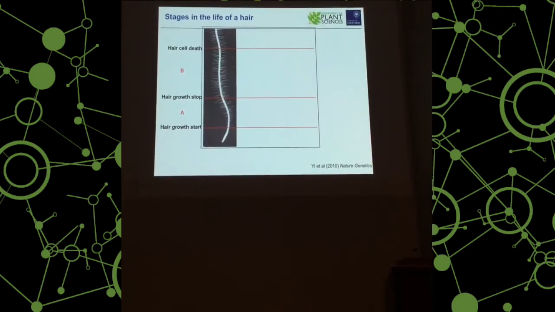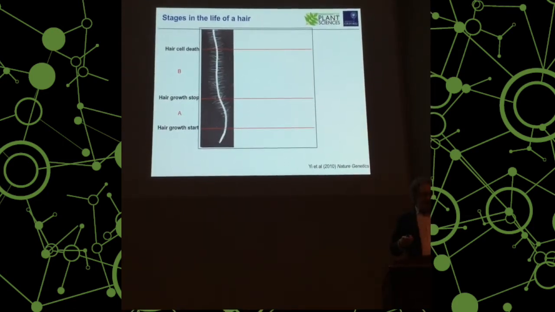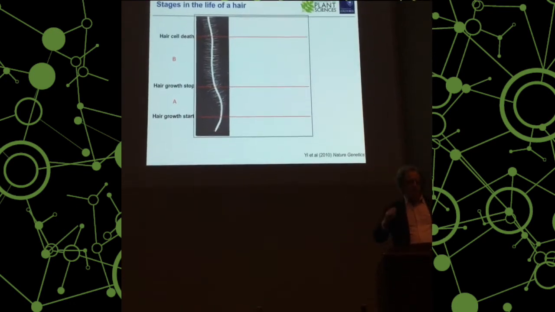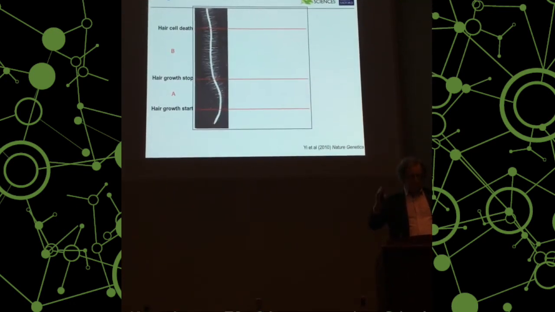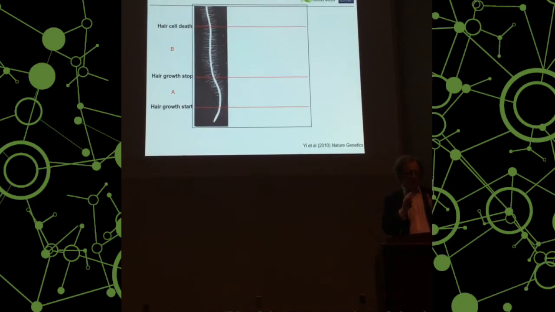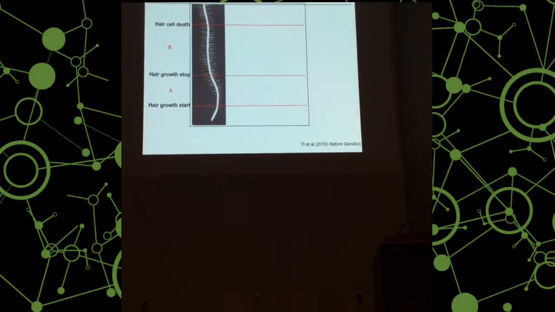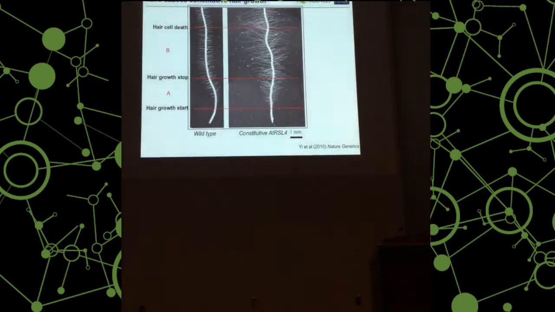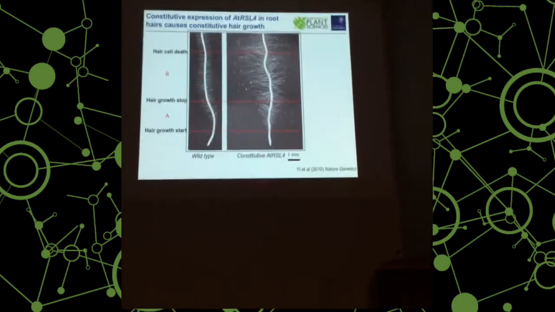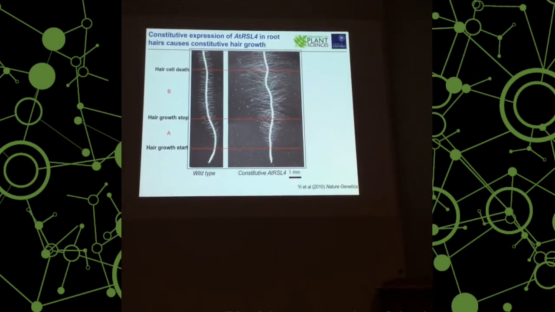Now, we figured that the RSL4 protein is required for root hair growth because the root hair is shorter than wild type. And so we predicted, well, if this is a positive regulator, then if we overexpressed RSL4, it should make longer hairs, and it did. Here's what we see when we constitutively express RSL4.